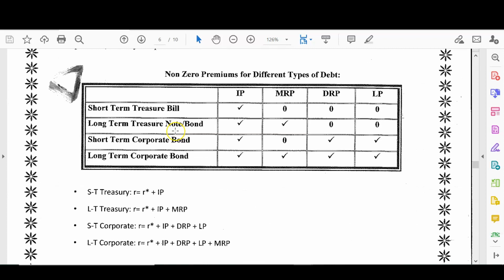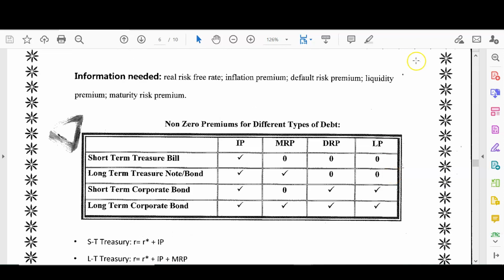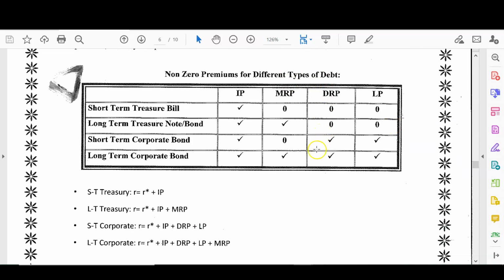Then we have this graph showing us which kind of premium exactly we are adding to each different type of bond, with non-zero premiums for different types of bond. For inflation premium, we need to add this to all types of bond, so we say yes to inflation premium for all kinds of bonds.